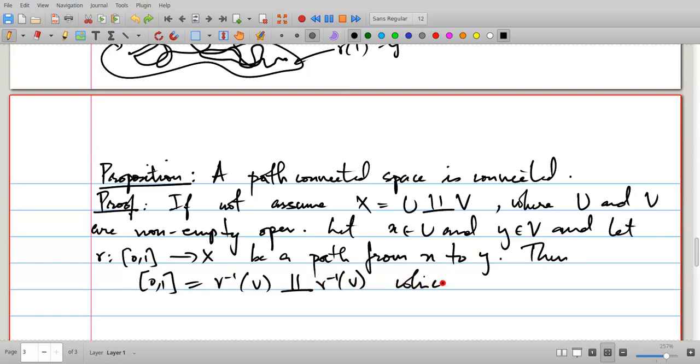So this contradicts the connectedness of [0,1].